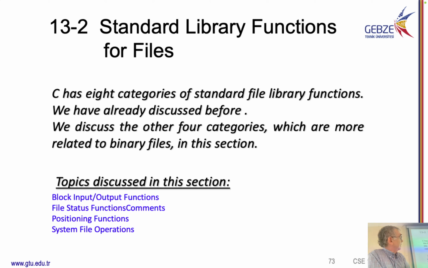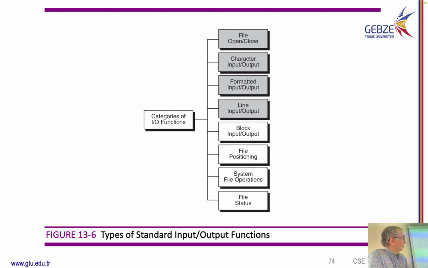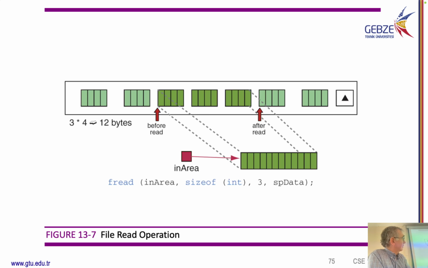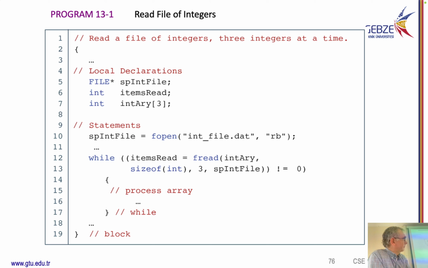Standard library functions for files, for block input, file positioning, system file status. So these bottom ones. fread: memory area, size of integer, how many, from where, and data.